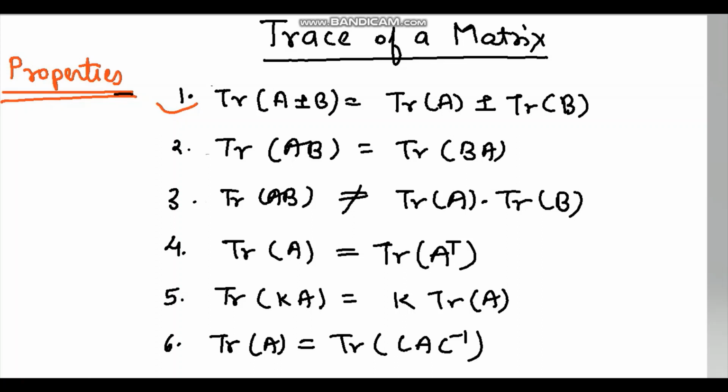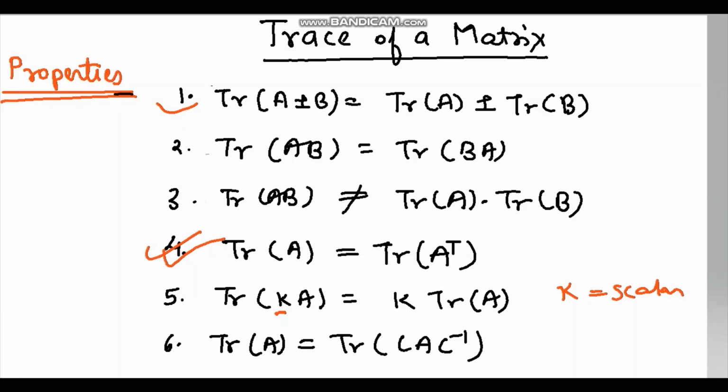Similarly, trace of AB is equal to trace of BA. Trace of AB is not equal to trace of A into trace of B. Trace of A is equal to trace of A transpose. Similarly, trace of kA, where k is a scalar, is k into trace of A.